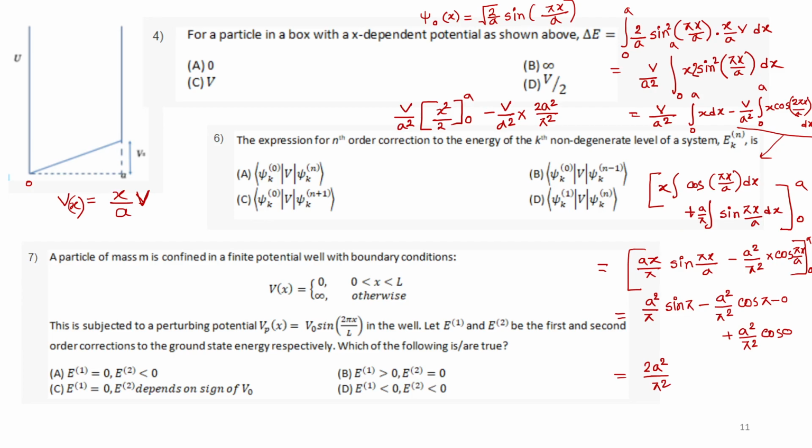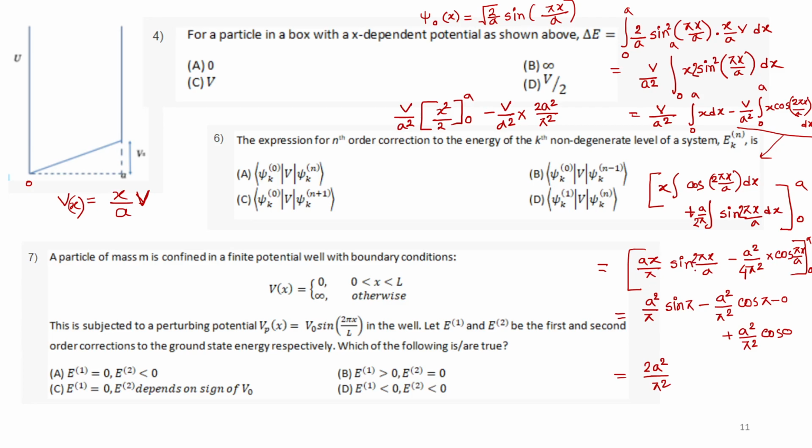Achha, I have made one mistake. See, it is cos 2 pi x. So I would have got a by 2 pi here. So here it will be a by 2 pi sine 2 pi x.